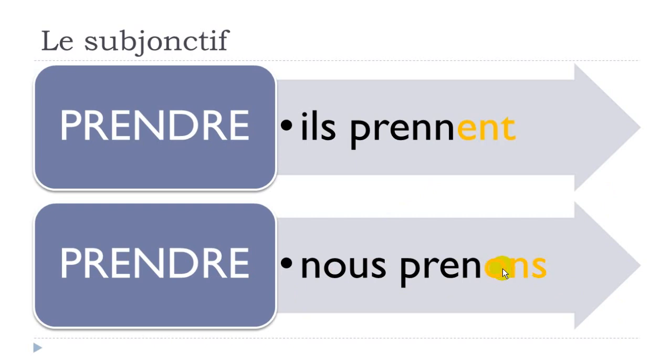So we can spot first the ending, because we know that ENT is the ending for ils, and then ONS is the ending for nous. And of course, what we'll do is take them away. We'll put the endings away and keep only the first part here and the first part here.